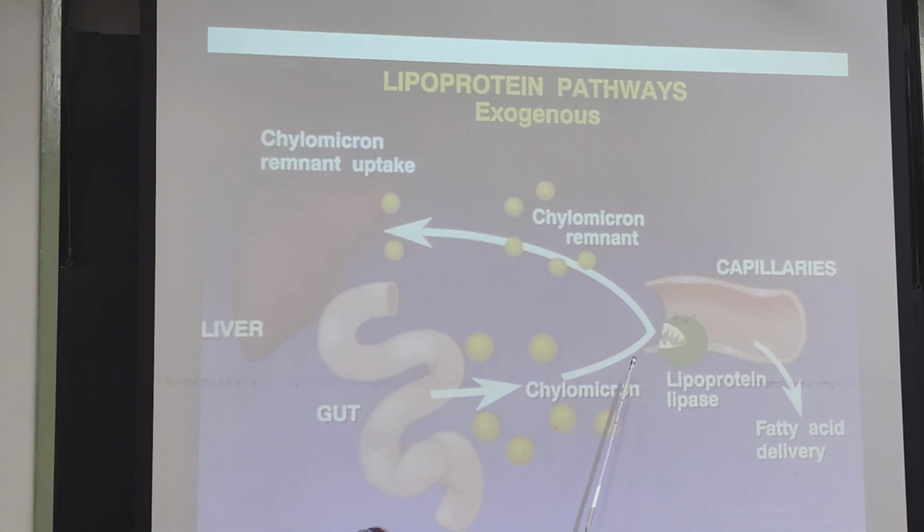So the most part of the chylomicron, the triglyceride, is removed and transported to the peripheral tissue, and what remains is known as chylomicron remnant, CR.